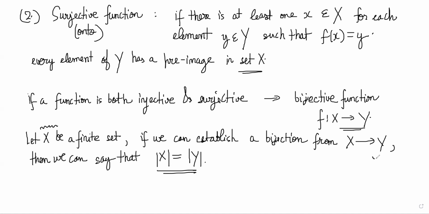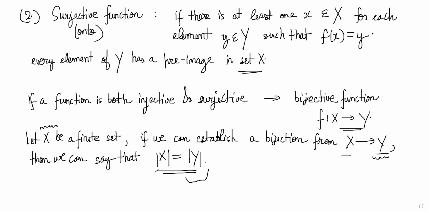However, there is a different set Y whose number of elements is easier to count. So the standard technique here is basically to establish a bijection from set X to set Y if possible. And then you can count set Y easily and basically your job is done.